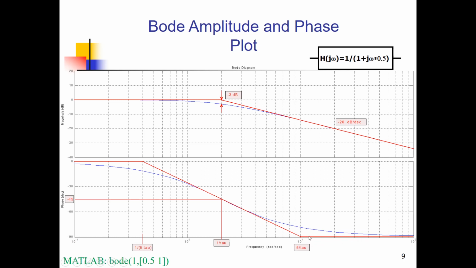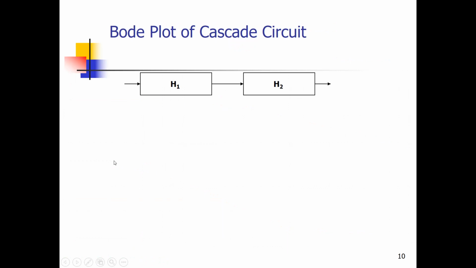And then we get the asymptotic phase behavior of our system. And you can also see that we again make an error compared with the real phase behavior, which is the blue line. But again, it gives us a very good impression about how this system reacts and how it's functioning in practice. So that is the Bode amplitude and phase plot construction.